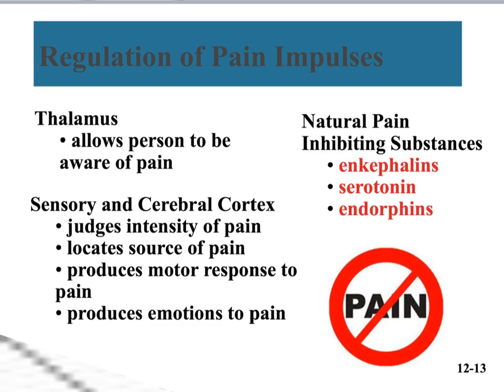We're going to go through the limbic system, and we're going to produce some emotions in response to that pain. I'm sure none of them are happy feelings about the pain. And then, if we're lucky, our body will start to generate some of our own natural pain-inhibiting substances, like the enkephalins and serotonin and endorphins, and they'll make the pain more manageable, so it's not so severe that we actually pass out and we can't function in a way that's going to help us survive in a potentially dangerous situation.